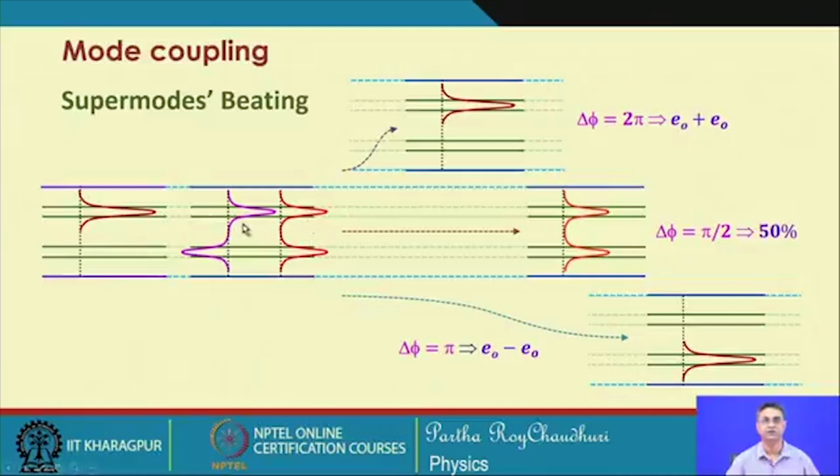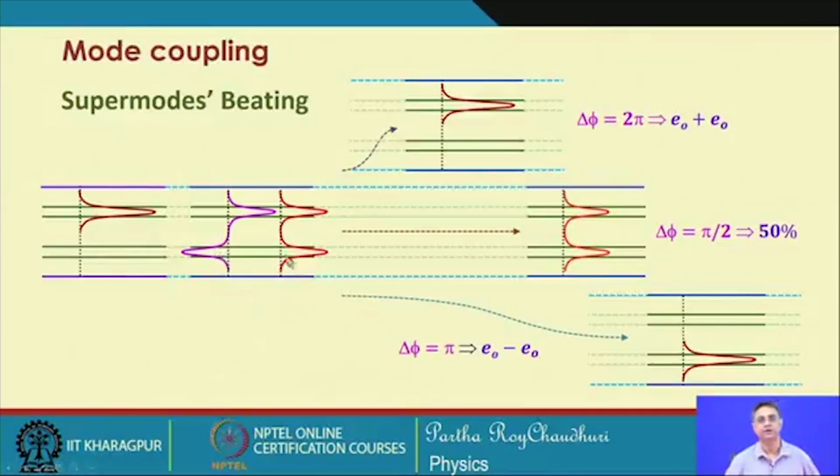I talked about this: the two modes of the composite structure are the odd mode and the even mode. The superposition of these two modes at z equal to 0, you just add them up, because there is no phase difference between them. So, these two amplitudes will be added up to get the power in the first waveguide, which can be assumed to be the input in the first waveguide, and as it propagates down, the two modes are characterized by two different propagation constants.